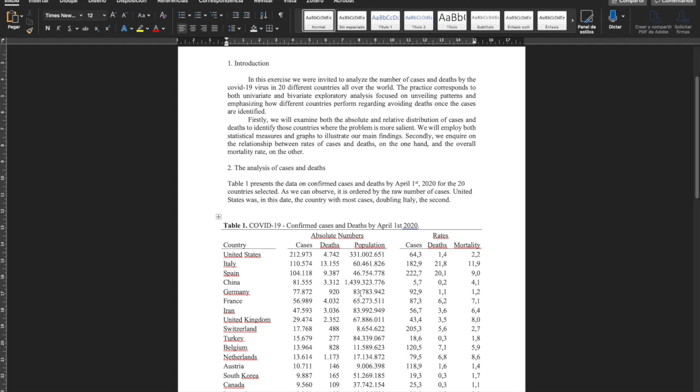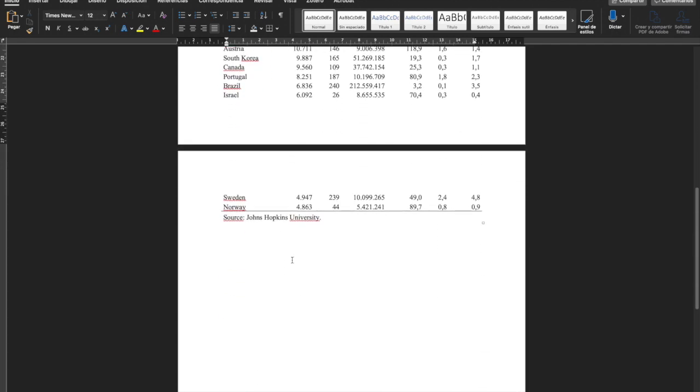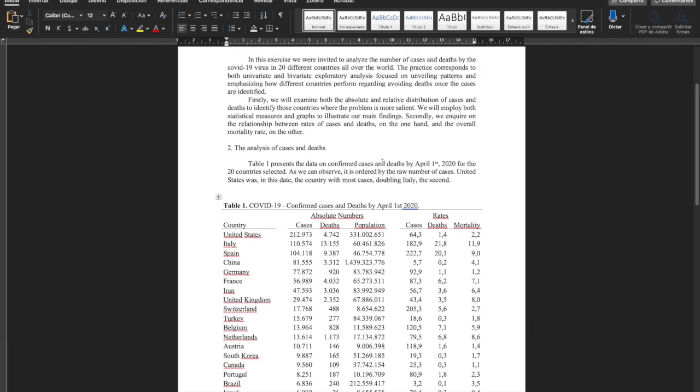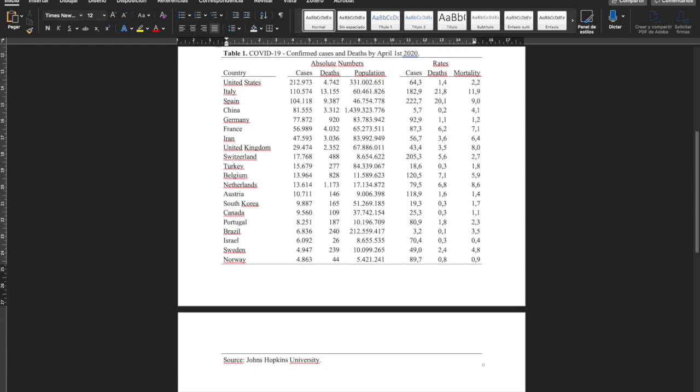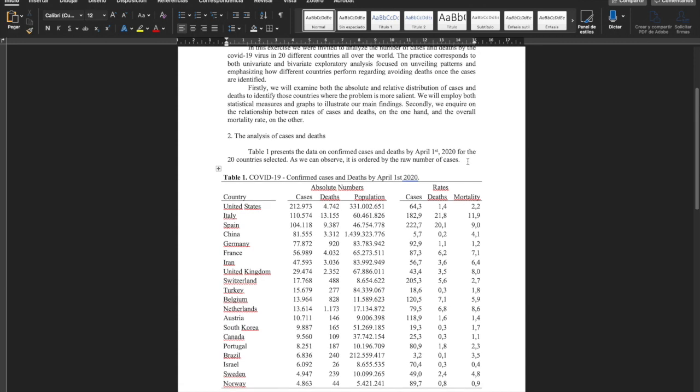You start analyzing variable by variable, and then you can describe. Before going to the United States specifically, going one by one, you can try to put here the average, the median, the mean.